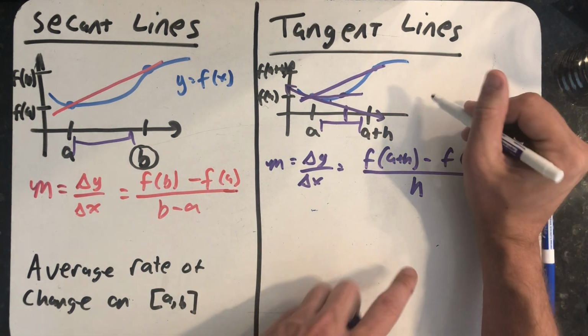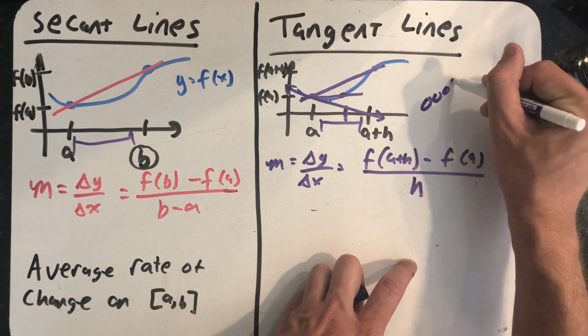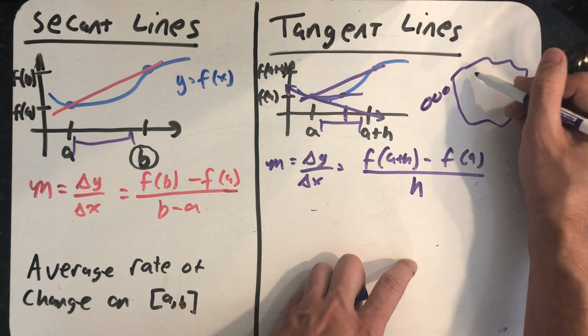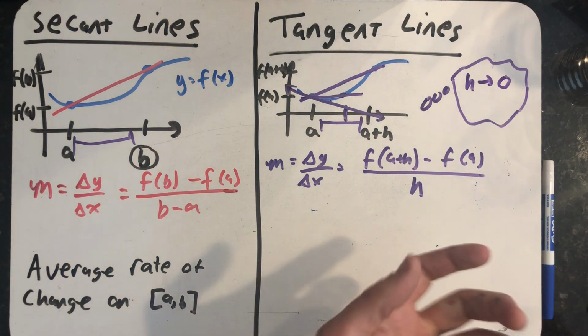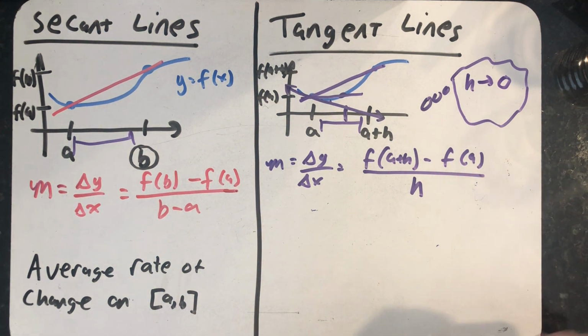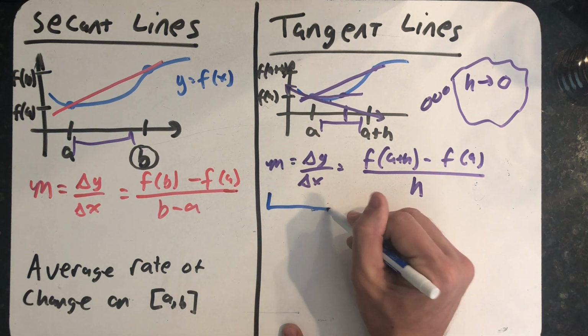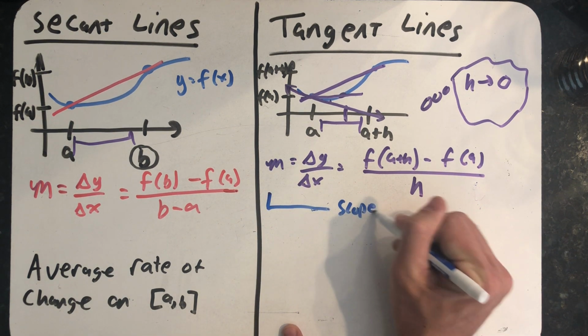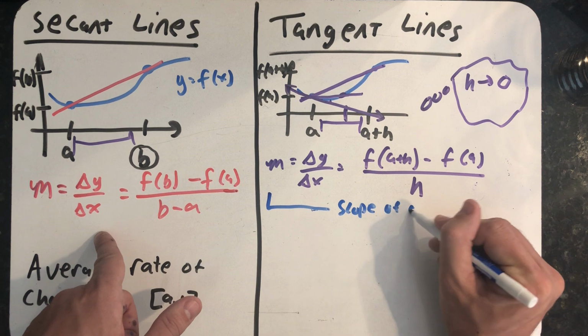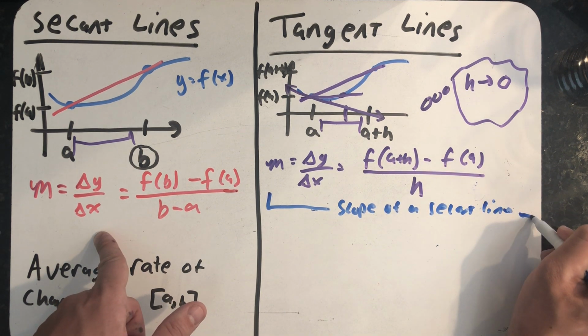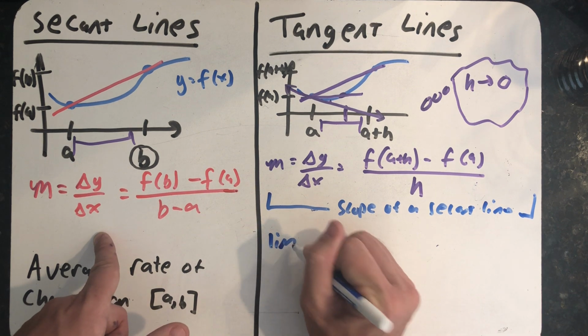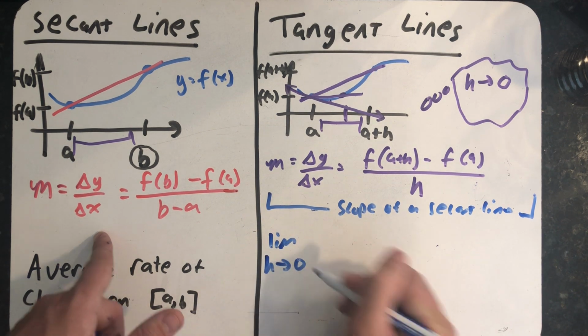Well, I'm imagining that h is getting smaller. I'm imagining that h is tending towards 0. And this is the language of limits. What I have written here is a formula for the slope of a secant line, just like this. To turn it into the slope of a tangent line, I need to let h go to 0.